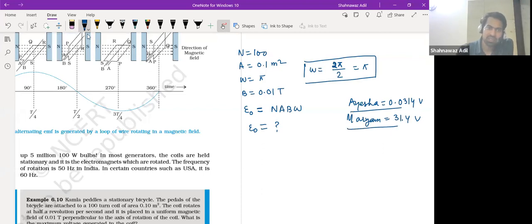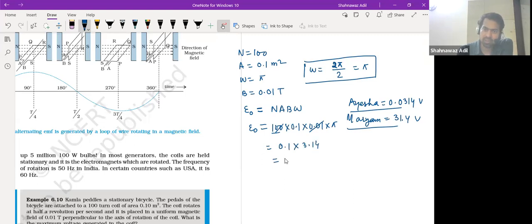So the number of turns is 100. A is 0.1, then B is 0.01 and then omega is pi. So 100 and 0.01 cancel, then 0.1 into 3.14.